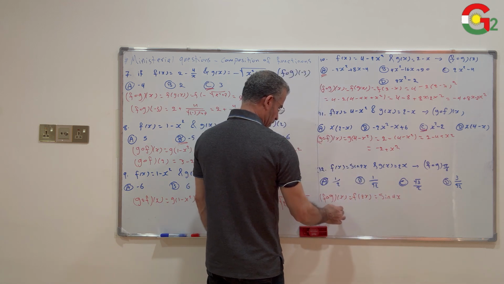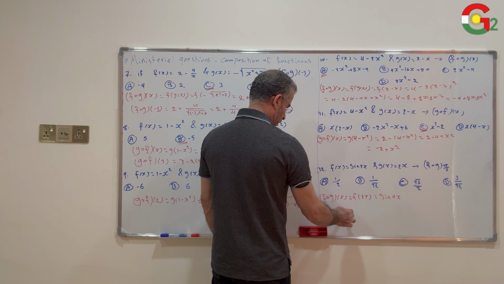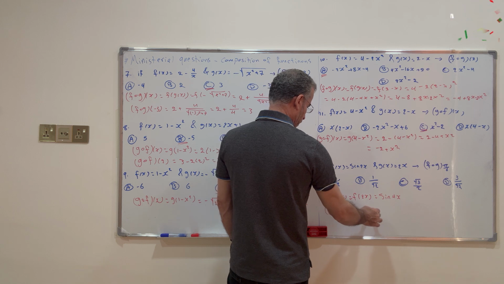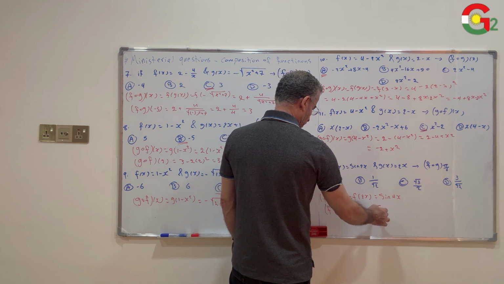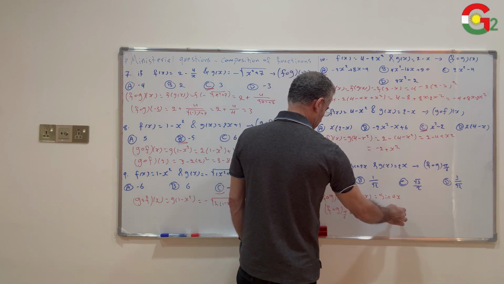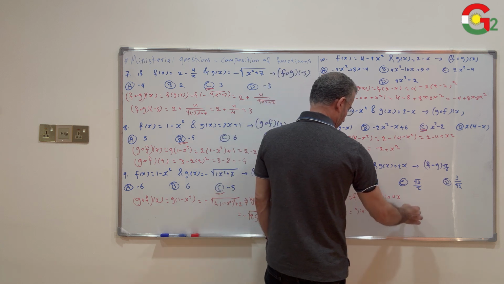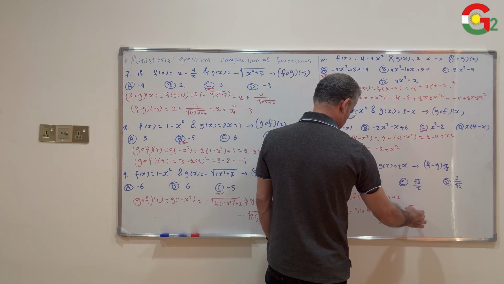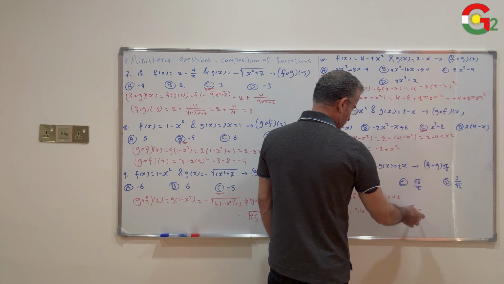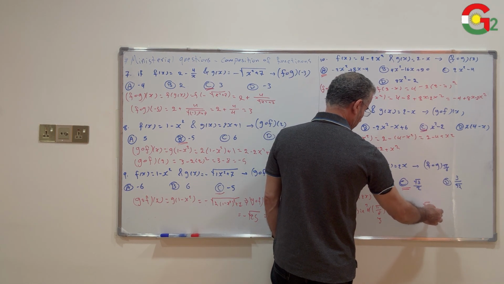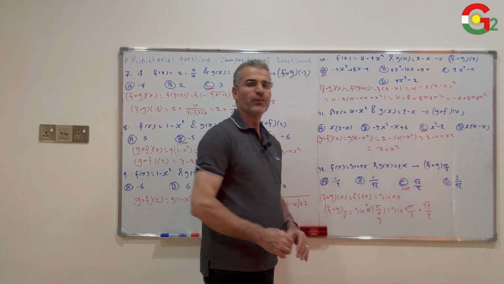Then f of g of 5 pi over 6 equals sine of 4 times pi over 6, which equals sine 2 pi over 3, which equals sine 120, which is square root 3 over 2.